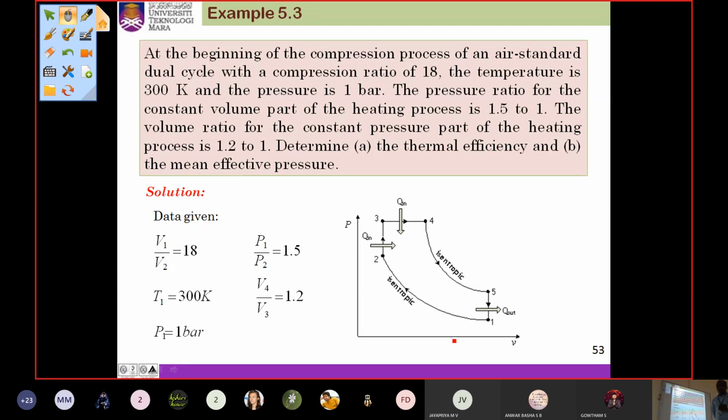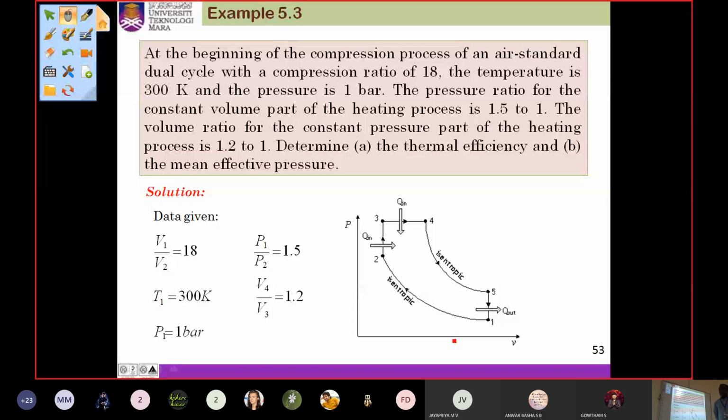Then the volume ratio for the constant pressure part of the heating process is given, so they state the cutoff ratio as the volume ratio for the constant pressure part. So V4 by V3 is 1.2. We have to determine the thermal efficiency and the MEP.